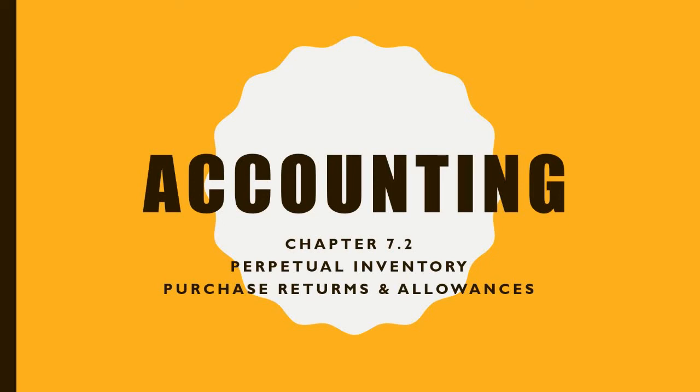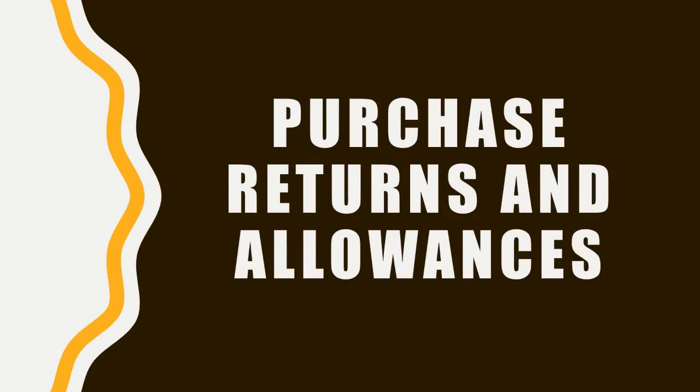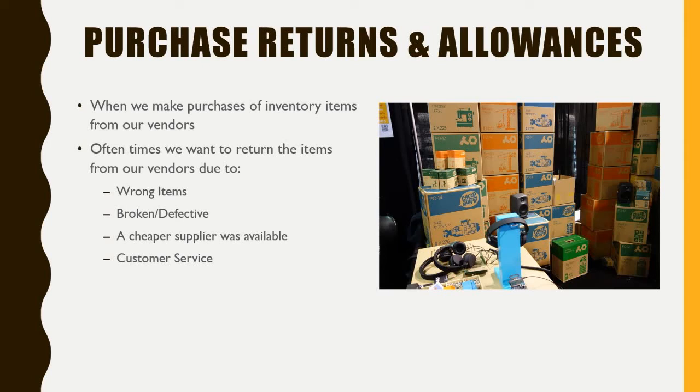All right, so now we're looking at perpetual inventory, purchase returns, and allowances. Well, of course, like we mentioned, if you have the capabilities to purchase your items from your vendors, you're also going to have many reasons that you will have to return the product. So again, oftentimes, when they are being shipped over, whether it's overseas or from one state to another, oftentimes you will get broken items from shipping.